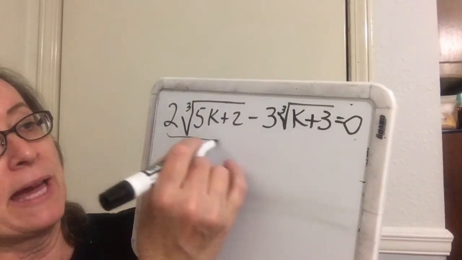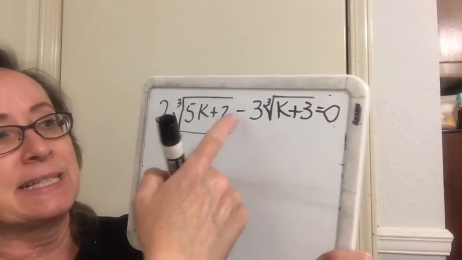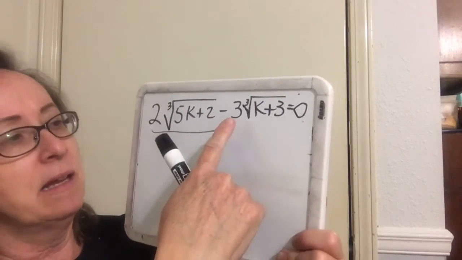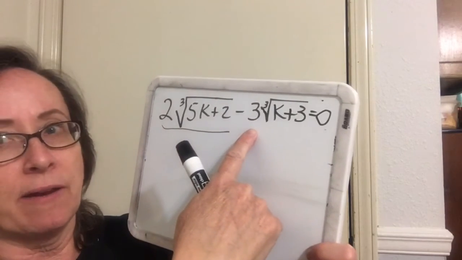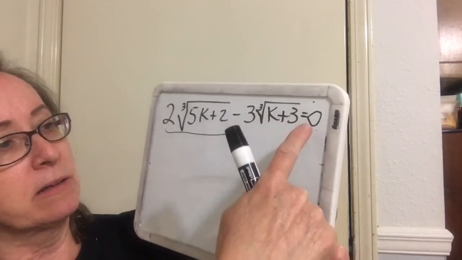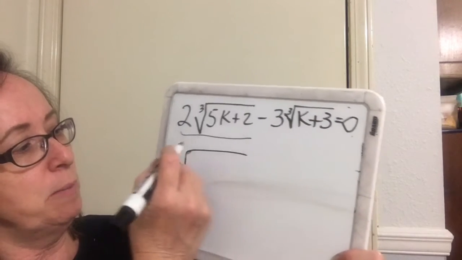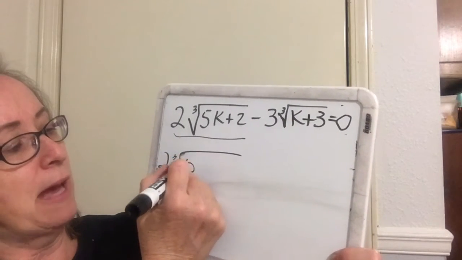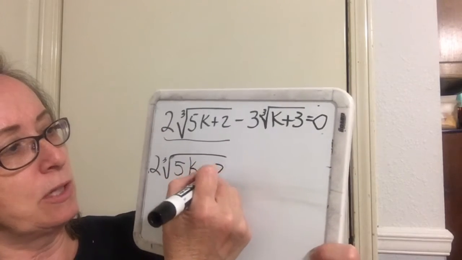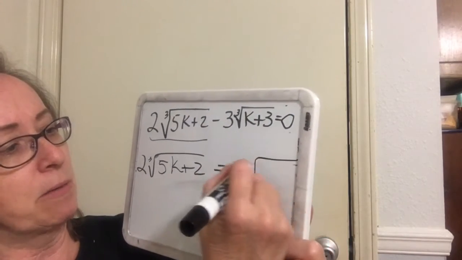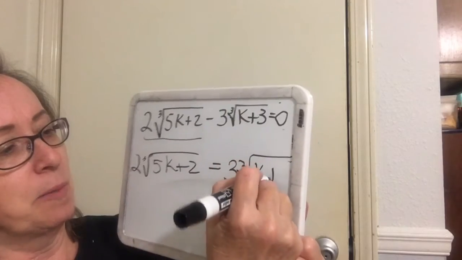To get this radical by itself, I need to send this radical to the other side. So I'm going to add the 3 cubic root of the radical to both sides. And so I'm going to wind up with 2 cubic root of 5k plus 2 equals positive 3 cubic root of k plus 3.